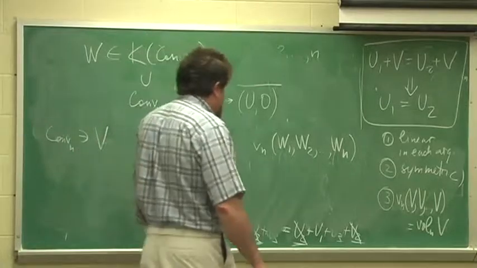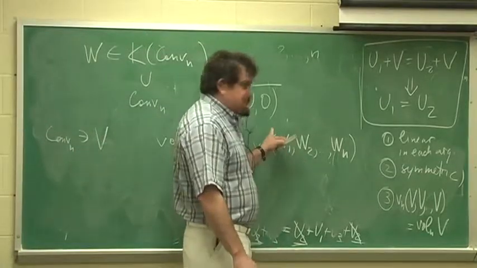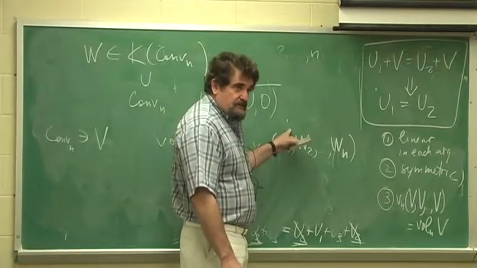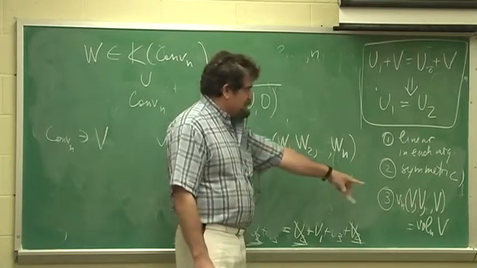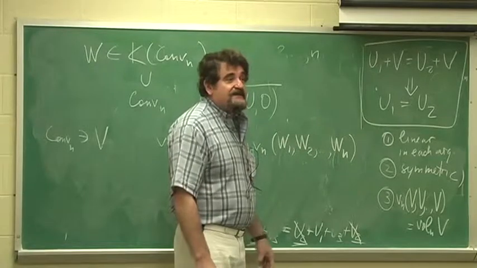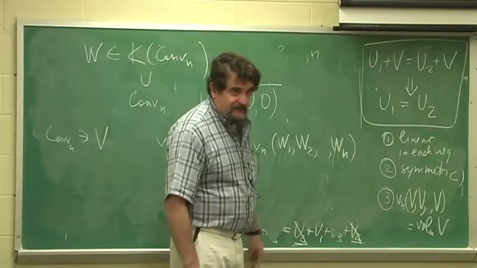But because of linearity, an element of the group is a difference of two. And because of linearity, it is enough to do it only for V in conv, not for W.